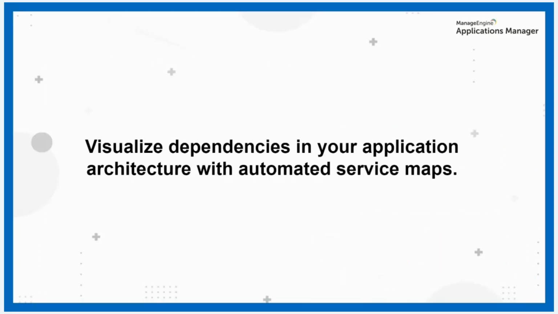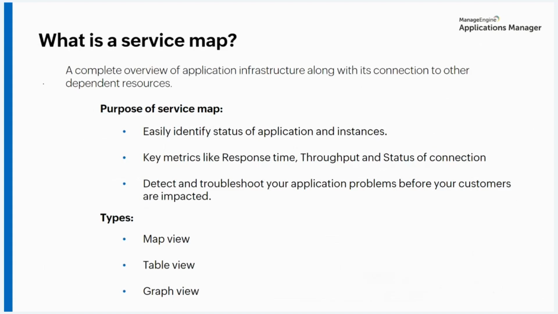Moving to the last topic of our today's agenda, visualize dependencies in your application architecture with automated service map. So what is a service map? It is a complete overview of the application infrastructure with the connections to other dependent resources.